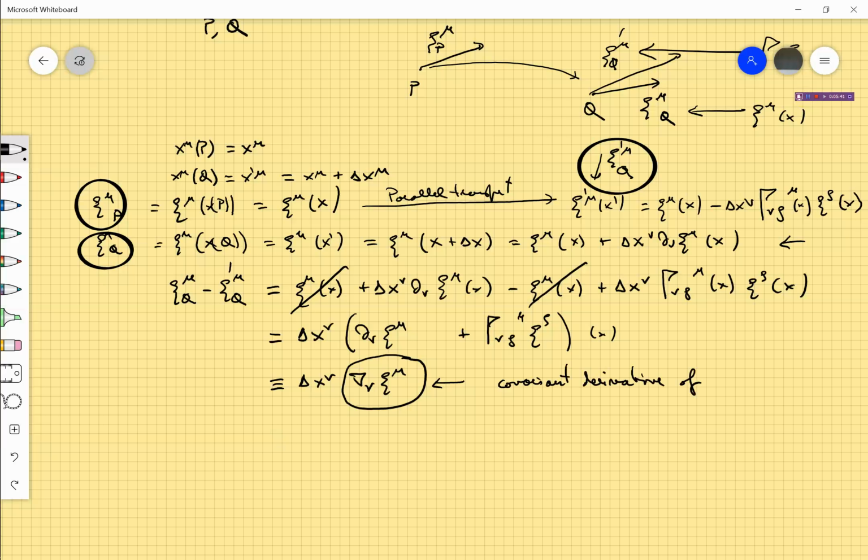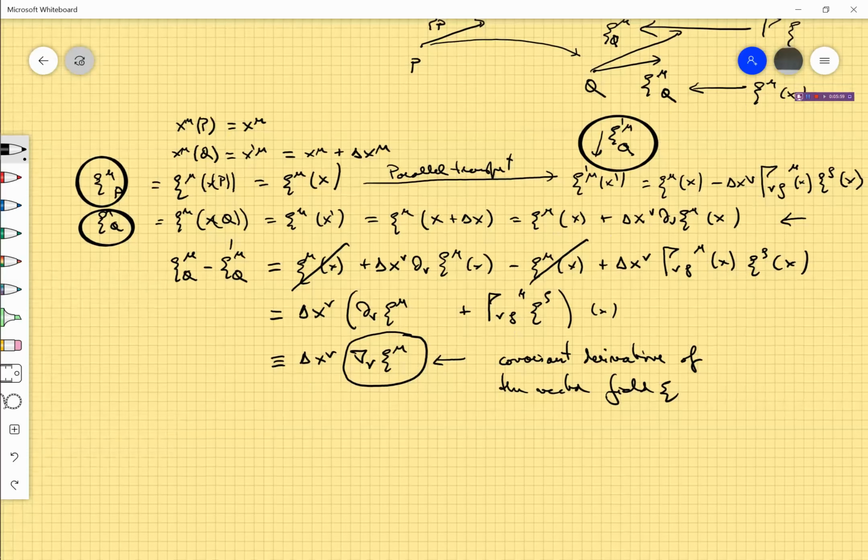of the vector field. Observe that we cannot compute a covariant derivative or any kind of derivative of just a vector at a point. You need something that varies over the geometrical space. Another thing which is implicit in this definition of covariant derivative is that it is with respect to a certain connection.